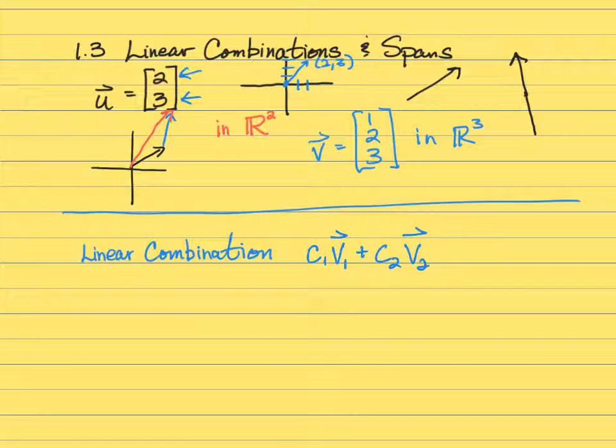Plus a constant times a second vector plus some constant times your third vector, however many vectors you're finding a linear combination of. So you're adding those three vectors with multipliers in front of them. And that is a linear combination.